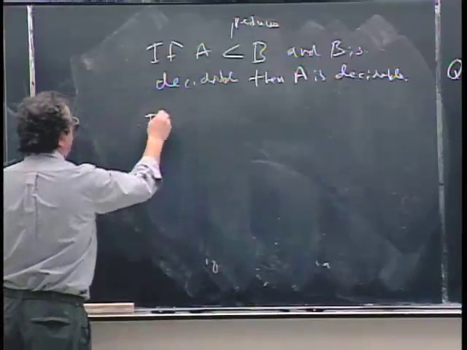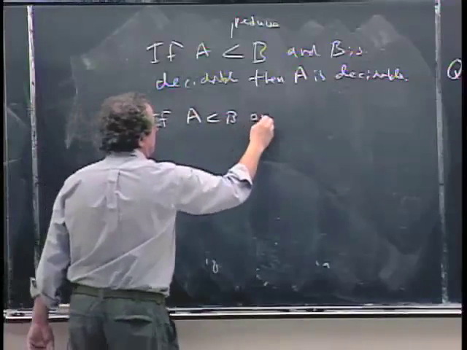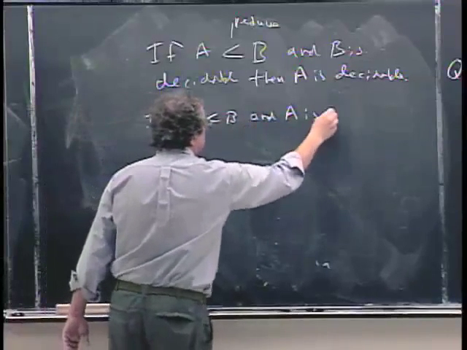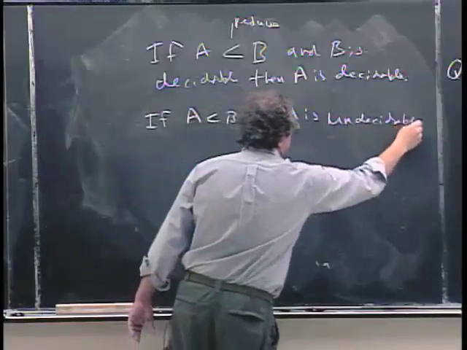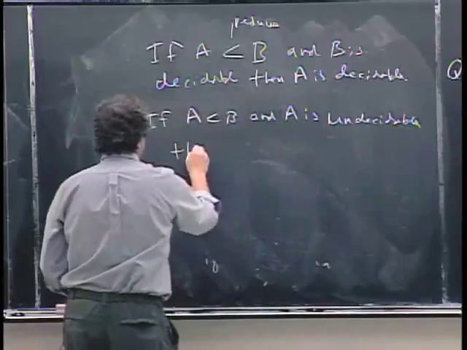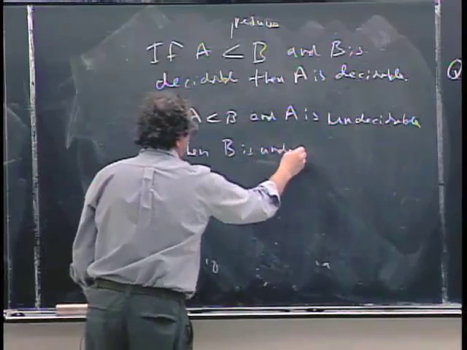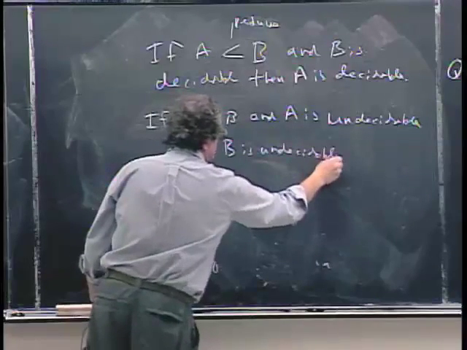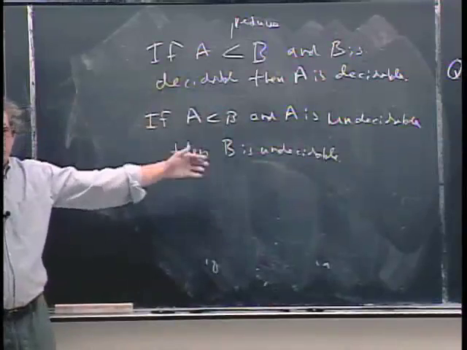And flipping that around, if A reduces to B and A is undecidable, then B is undecidable. Okay? Hope everybody remembers that and this makes sense.